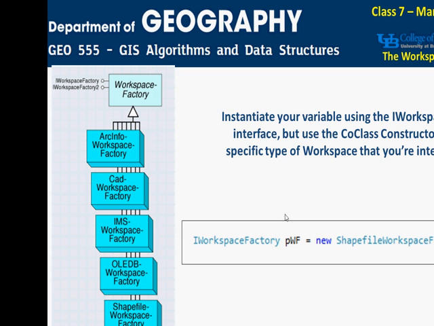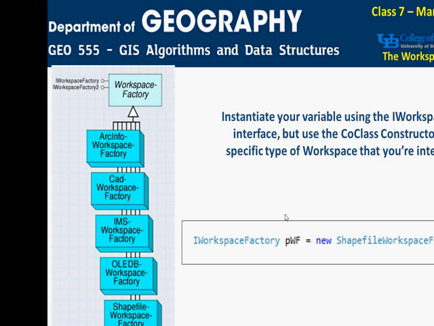So in this case, we're declaring the variable with the iWorkspaceFactory interface, but we're setting it to a specific class based on the desired data. So it's a little different. Before break, we said iFeatureLayer variable equals new FeatureLayer class. Now we're taking the Workspace Factory abstract, finding a specific child that we're interested in, shapefile, using that class on the interface. And again, these are co-classes, so the new keyword applies.